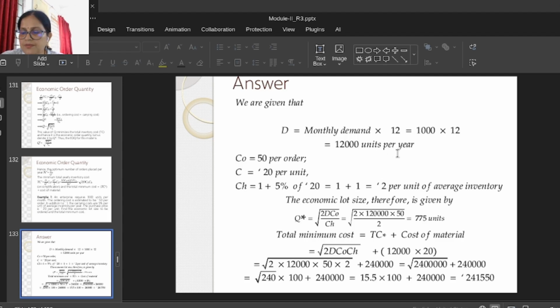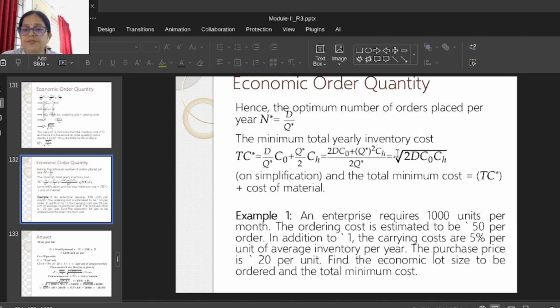Then what is next given? Next given is 50 per order. The ordering cost is CO equal to 50. In addition to 1, the carrying cost is 5% per unit of average inventory per year. Because inventory cost is always per unit time, since for a particular time period we keep it in stock.